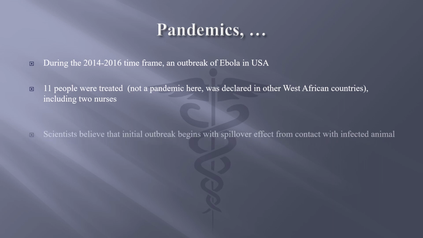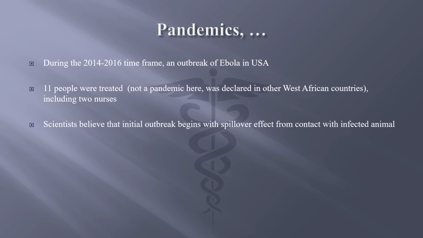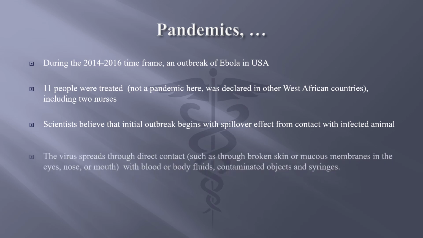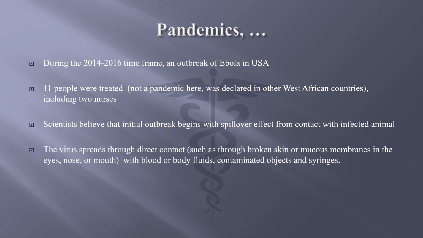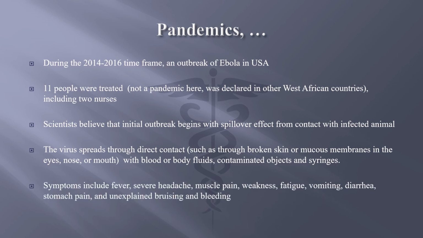Scientists believe that the initial outbreak begins with a spillover effect from contact with an infected animal. The virus spreads through direct contact, such as through broken skin or mucous membranes in the eyes, nose, or mouth, with blood or body fluids, contaminated objects, and syringes. Symptoms include fever, severe headache, muscle pain, weakness, fatigue, vomiting, diarrhea, stomach pain, and unexplained bruising and bleeding. Prevention is hand hygiene.